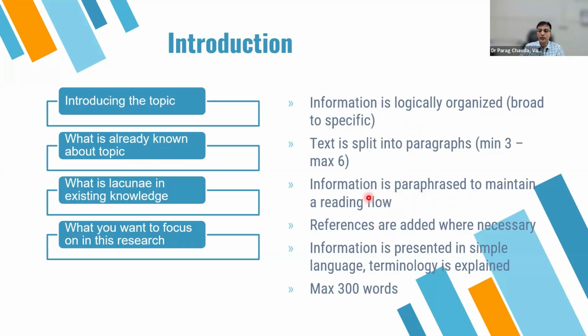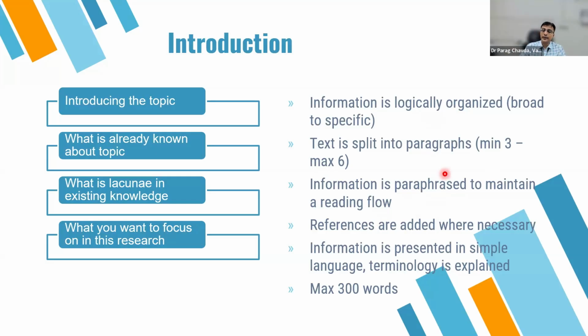When you cite them, always paraphrase the language. You will probably be picking up findings from the study results or conclusion sections of those studies. Paraphrase those sentences. The language has to go in one reading flow. When someone reads your introduction, there should be a language flow. It should not appear that you have copy pasted sentences from different studies and look disjointed.